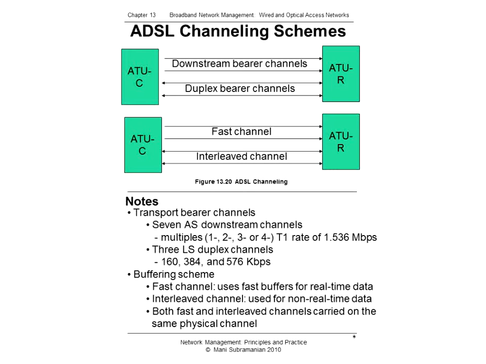And the second perspective in discussing the channels is how the signal is buffered while traversing the ADSL link, and this is what you can see in this figure. Real-time signals such as audio and real-time video use a fast buffering scheme, and therefore it is referred to as fast channel.